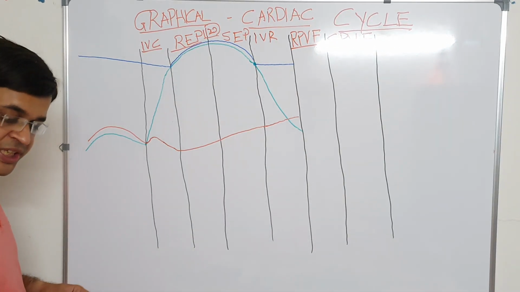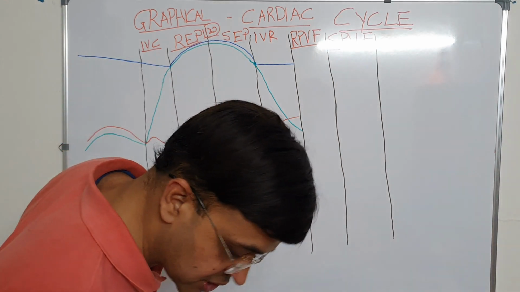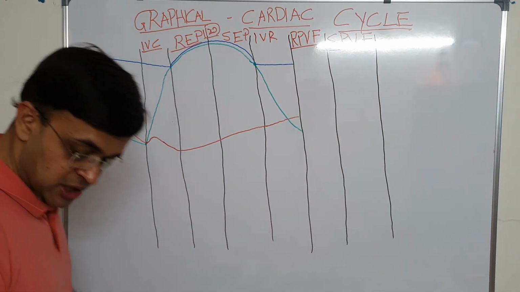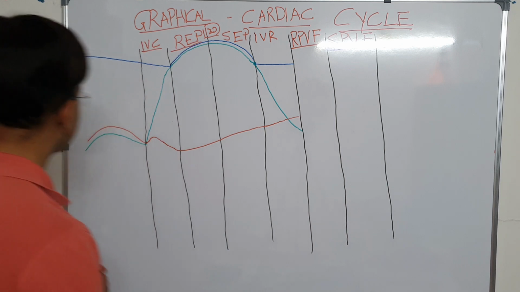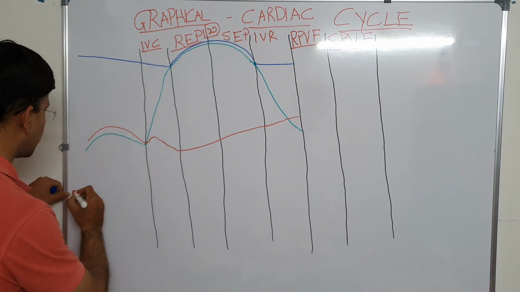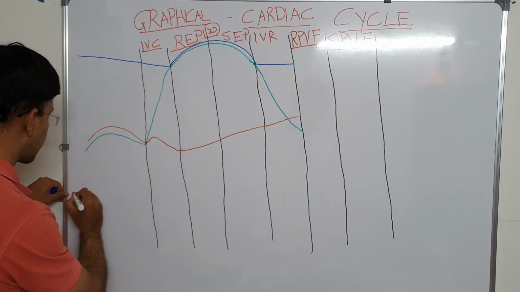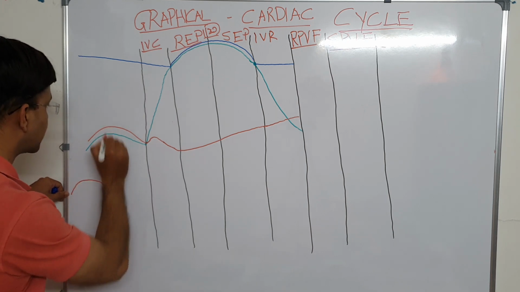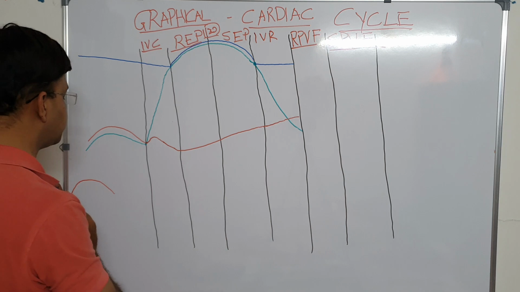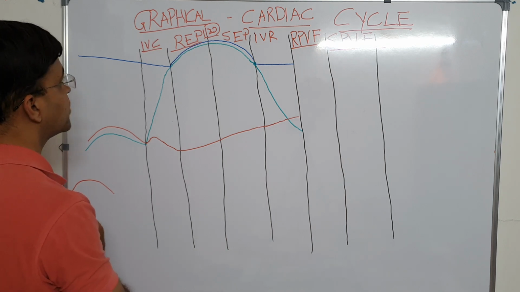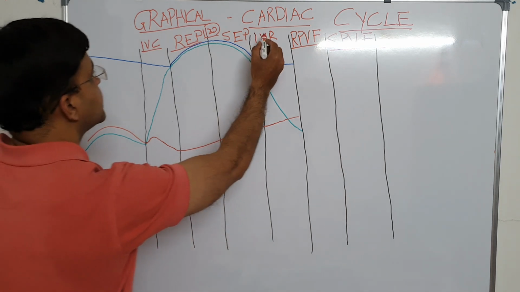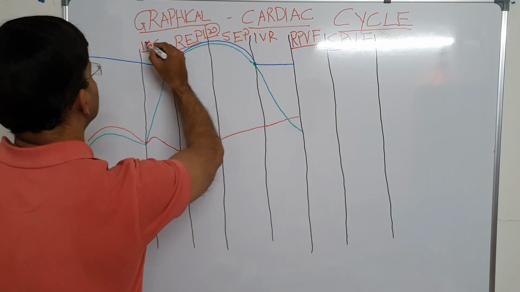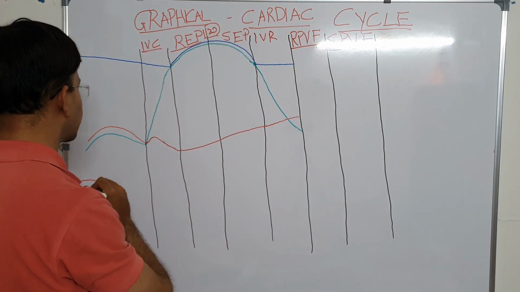So just before the atrial contraction, which wave of ECG is responsible for atrial contraction? Our P wave of ECG is responsible for atrial contraction, so we will have the P wave just before the A wave of JVP, right? And over here we have got our isovolumetric contraction, right?